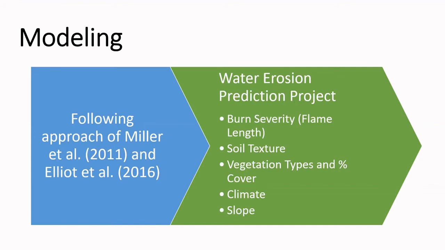Then we needed information on soil texture, vegetation types, and percent cover. For vegetation types, we related it to the LANDFIRE data that we used for our fire behavior modeling. Then we needed climate data, so we used local RAWS stations, and then slope. Those are the main inputs. Next slide.